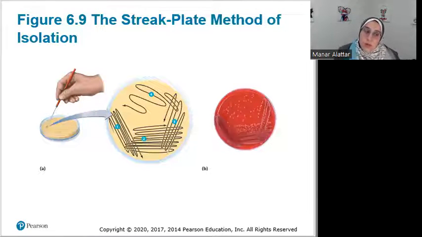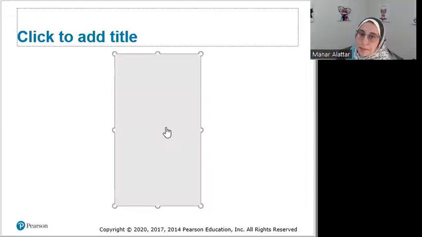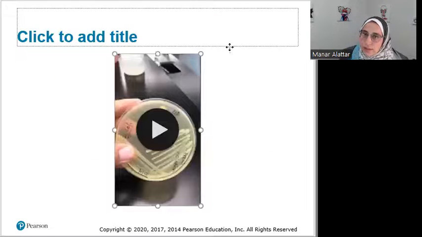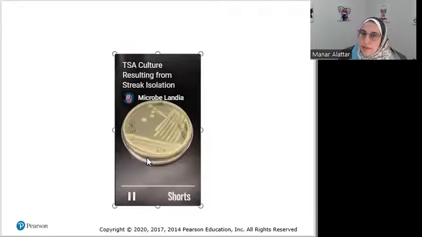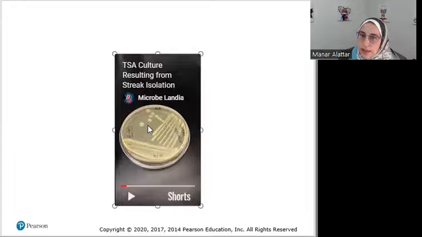And here's another image of what that would look like, in this video that's actually from our lab. You're looking at E. coli that's been streaked out for isolation. Because they're concentrated on our loop, we first streak out a concentrated section, then we serially dilute that by streaking again and again with a clean loop.